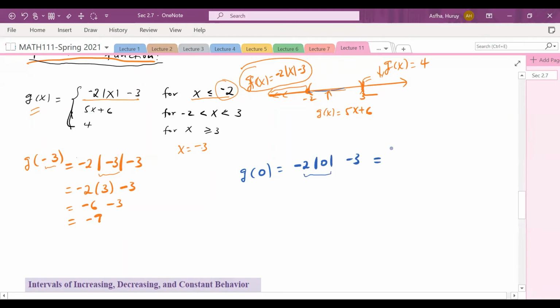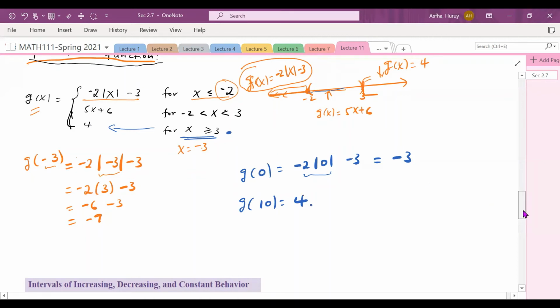So this is just basically 0. This is negative 3. And similarly, we can evaluate, for example, g of 10. And 10 again is in this interval. Therefore, we take this rule, and that's just 4 because this is a constant function.